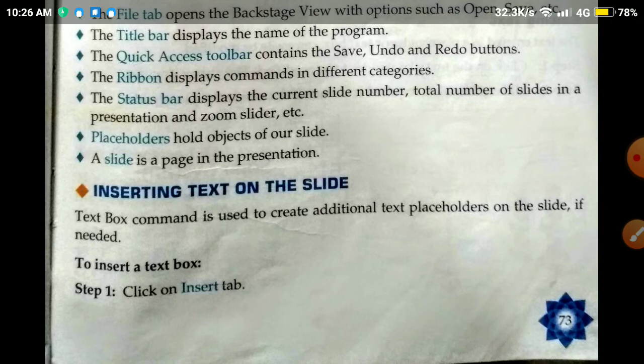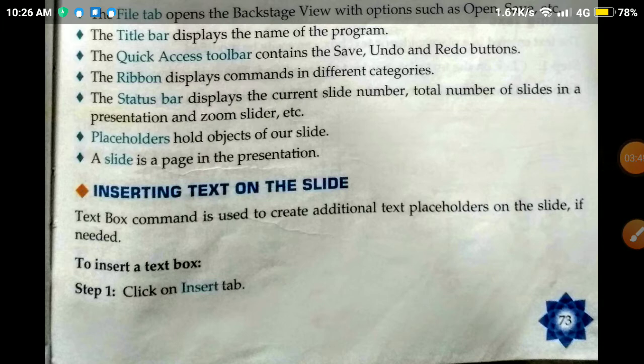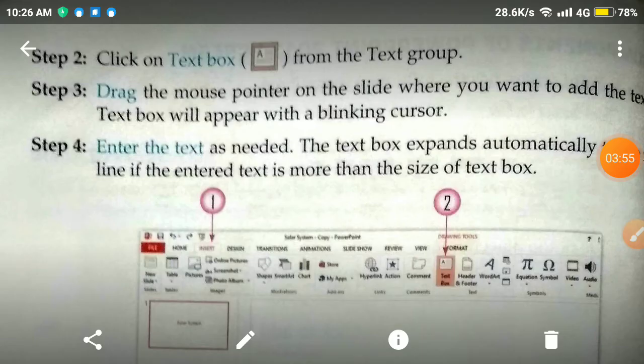How to insert text in the slide? The text box command is used to create additional text placeholders on the slide if we need them. To insert a text box, number 1, click on the Insert tab. Number 2, click on text box from the text group.